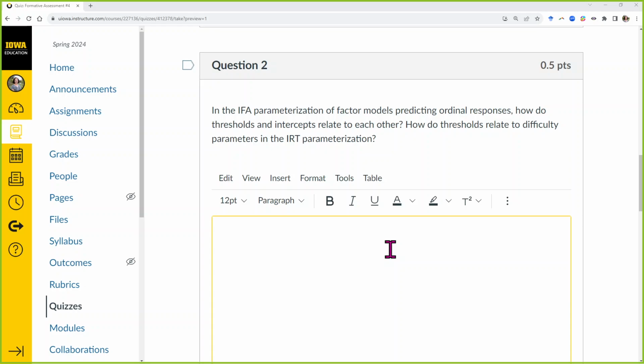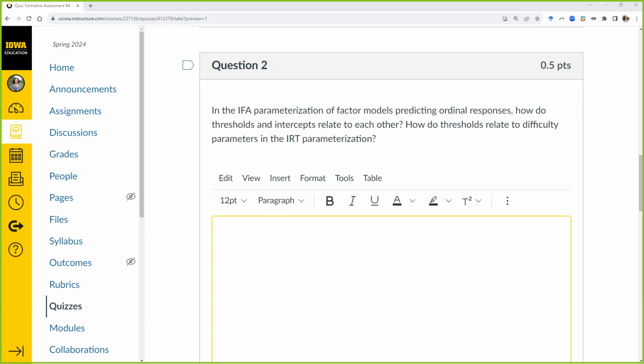So that's the idea. But as Mubarak said, in the IRT parameterization, we can multiply the difficulty times the discrimination to get the threshold.